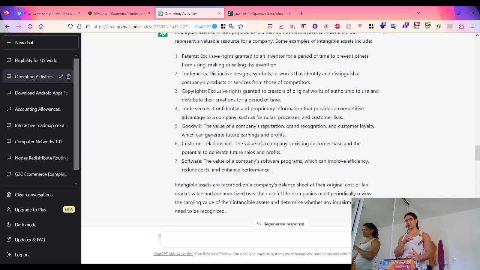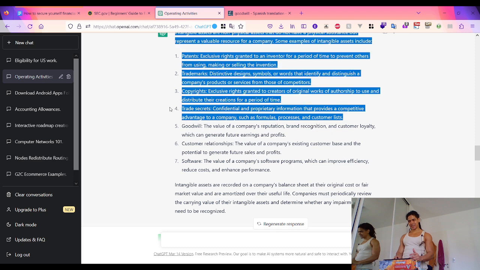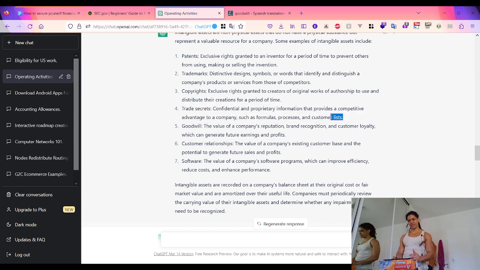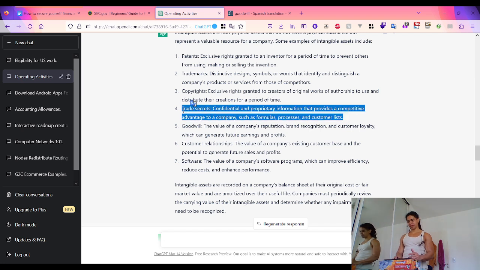Trade secrets are confidential and proprietary data that provides competitive advantage to a company, such as formulas, processes, and customer lists. And this is where most of the time most of the companies focus on, basically on these trade secrets.